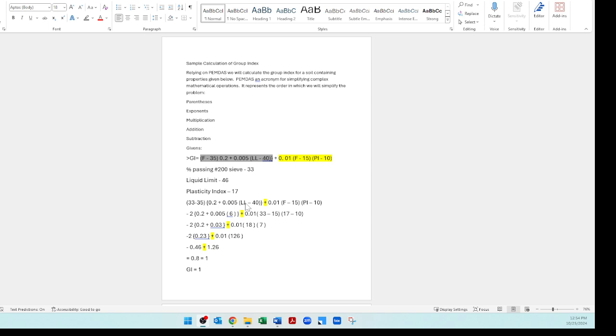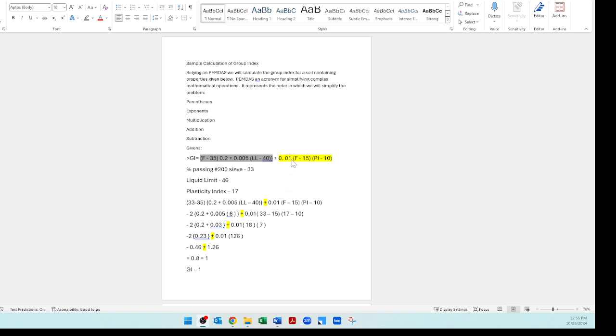So 6 would go right here because I got rid of the parentheses, right? I took 46 minus 40 and that gives me 6. Okay, so now we got a value here.